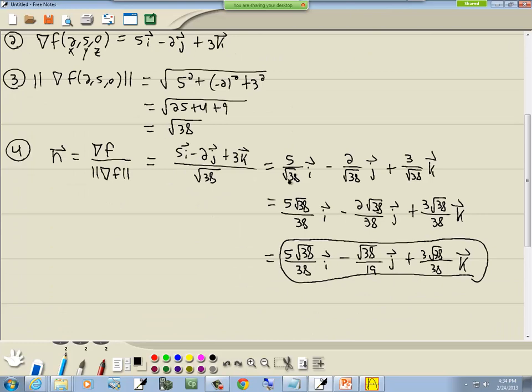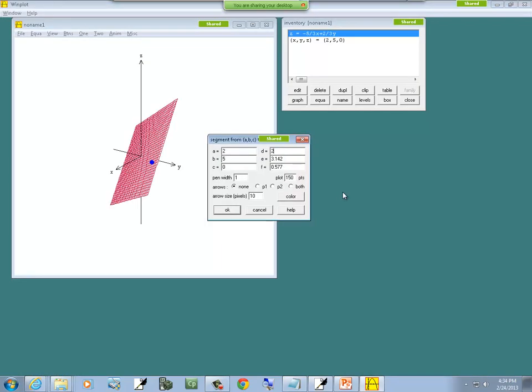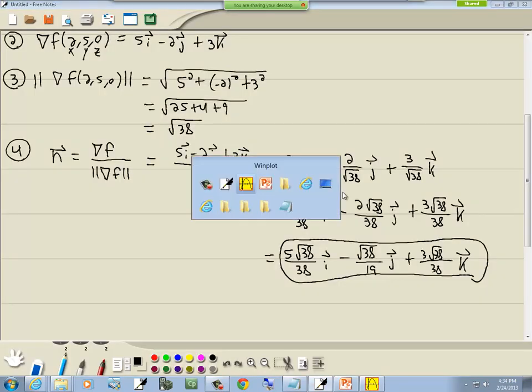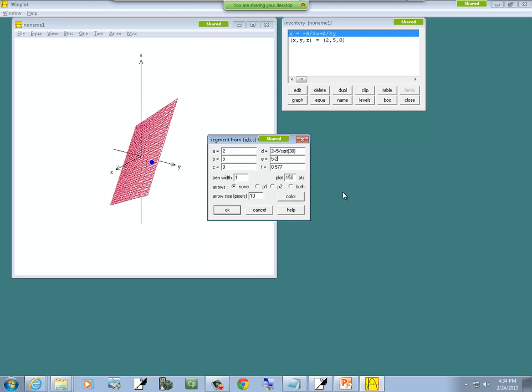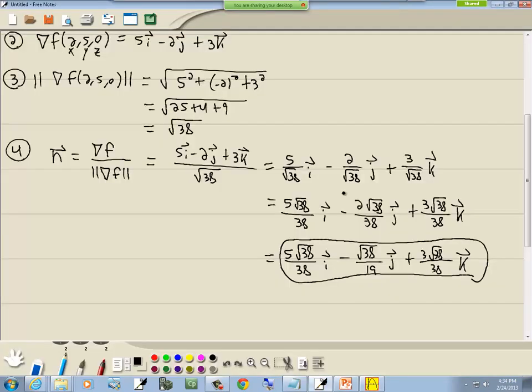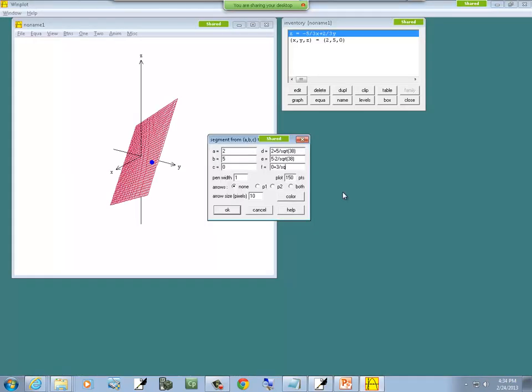I'm going to put in 5 over square root of 38. So I got 2 plus 5 divided by square root of 38. And this one will be 5 plus 5 minus 2 divided by square root of 38. And this one will be 0 plus 3 divided by square root of 38.